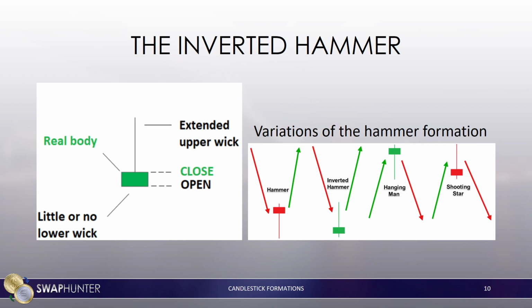As I just mentioned, the additional image in this slide is just to demonstrate that one must be extremely careful not to confuse an inverted hammer with any of the other variations of the hammer. So you have a simple hammer, inverted hammer, hanging man, shooting star, and you must be careful not to confuse these different formations.